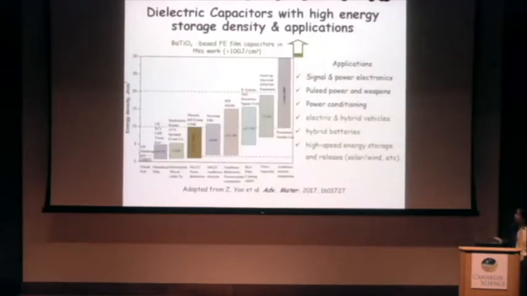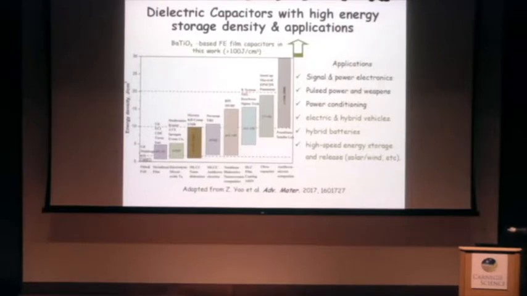So, technical background: this is a new paper just published last year about all different kinds of dielectric capacitors. The y-axis is the energy density, and the x-axis is all different technologies. You can see some familiar faces there. You can have the multilayer ceramic capacitor, nanodielectrics, and this is developed by Murata, a Japanese company.